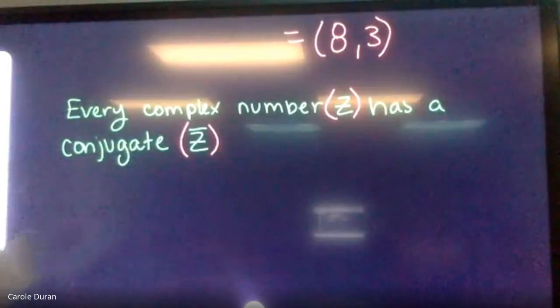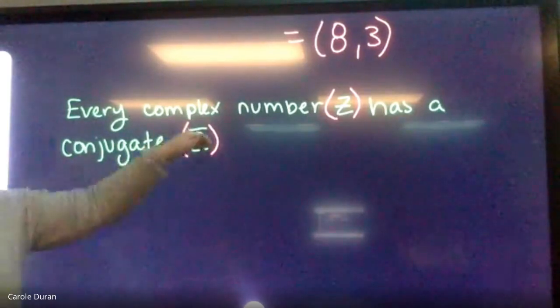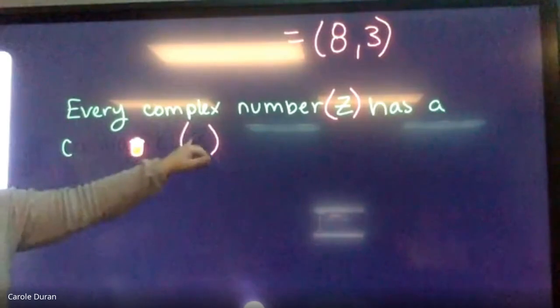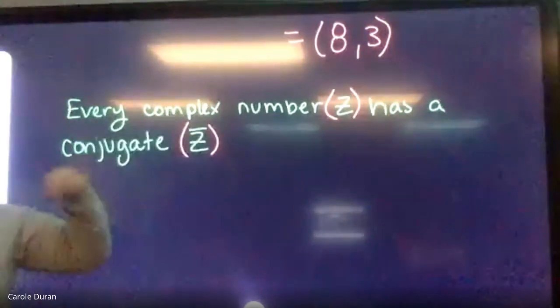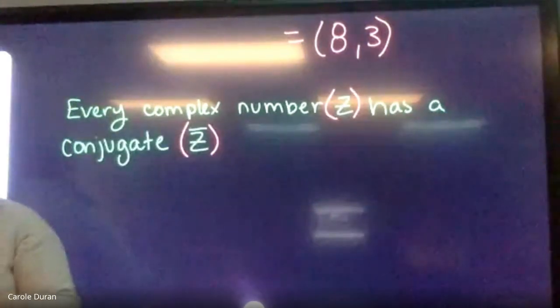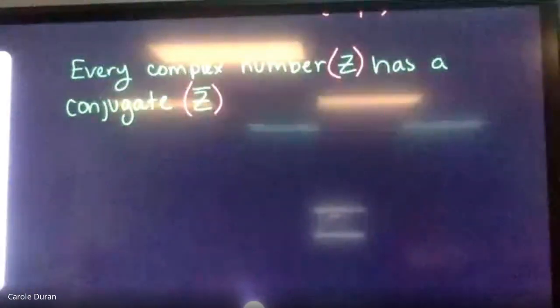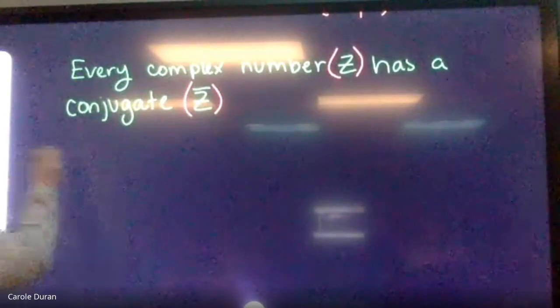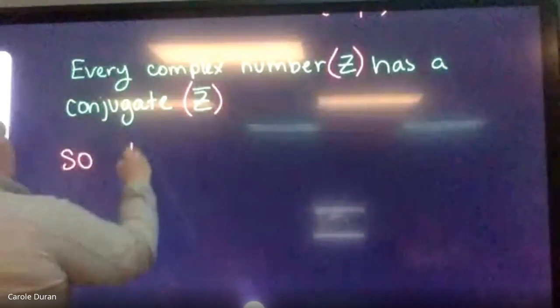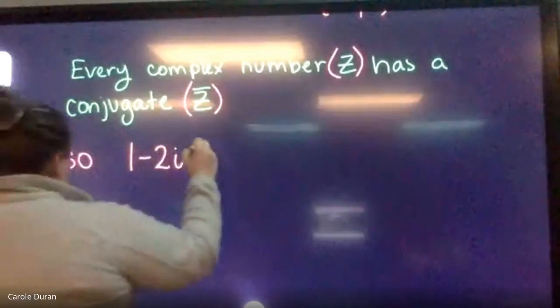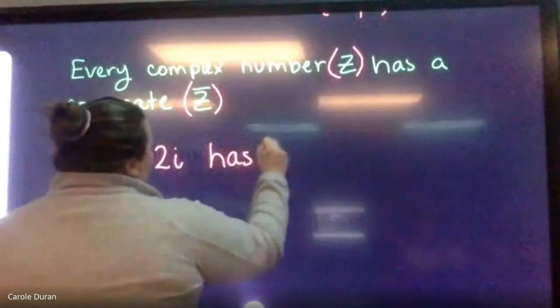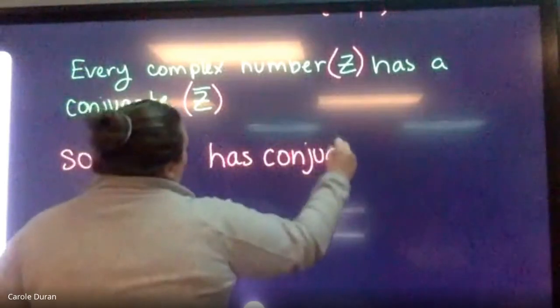Okay. So what we're saying now is that every complex number z has a conjugate that is a z with a line over it. Anytime you see a line over the variable, that means conjugate. When I'm talking about a conjugate, it means that the sign on the imaginary part changes. So if I have the complex number 1 minus 2i, its conjugate would be 1 plus 2i.